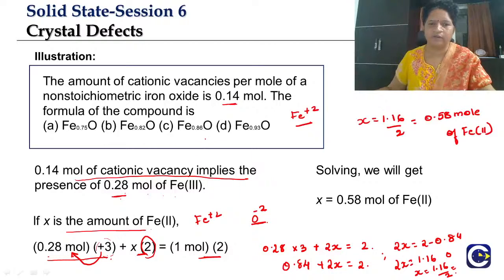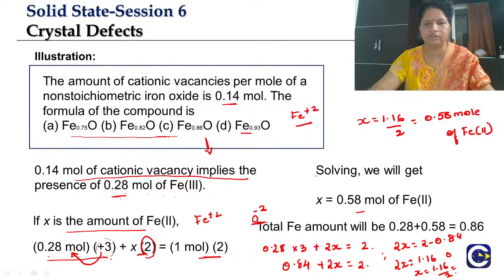So non-stoichiometric defects generally occur when a metal shows two different oxidation states. The options are not these options, by mistake these options have come. Once we get this, we'll just see if we can do further.